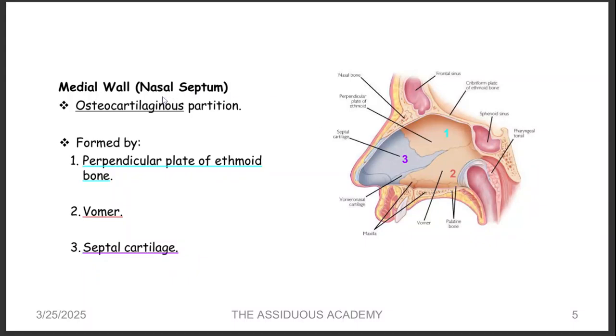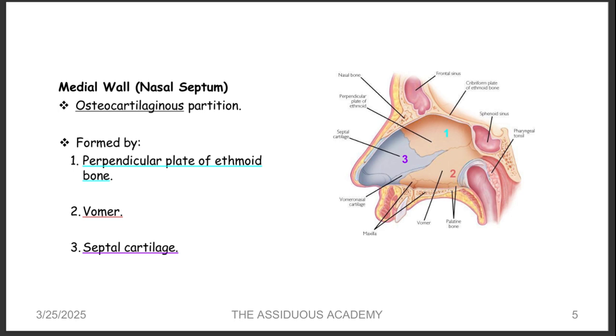The medial wall, also known as the nasal septum, is actually an osteocartilaginous partition. What do we mean? It has got a bony part, osteo, and then it has got the cartilaginous part, or the cartilage. That is the medial wall. And then what forms up the medial wall?